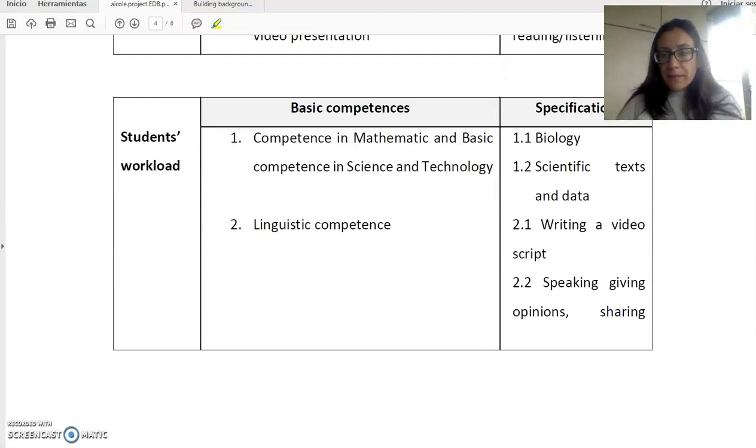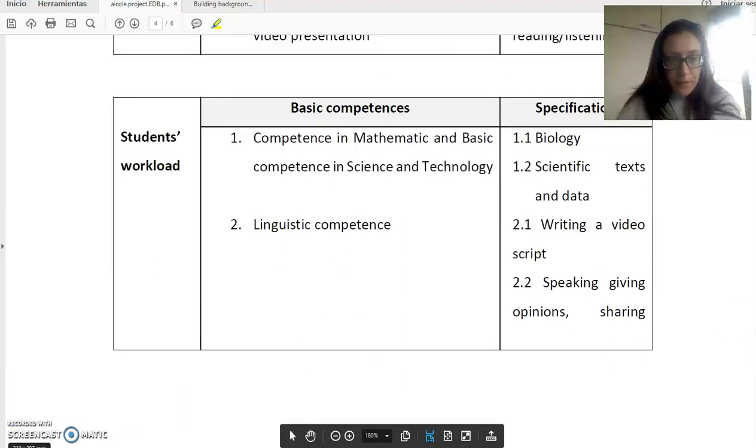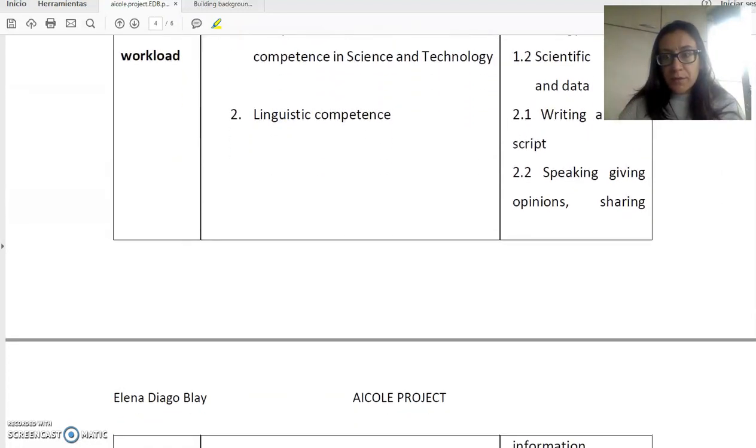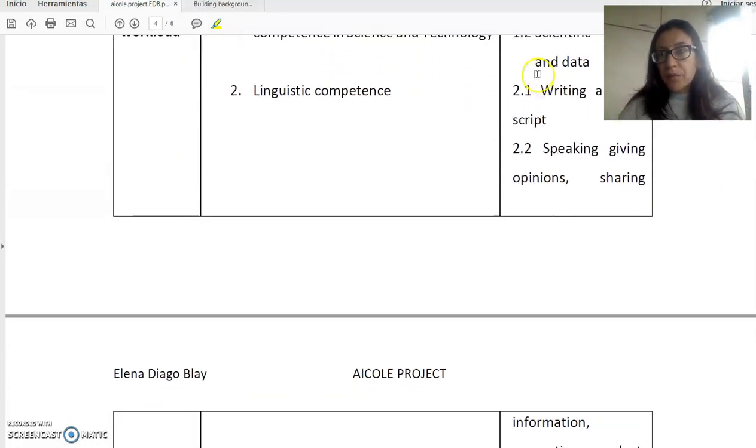About the basic competences, mainly it is competence in mathematics and the basic competence in science and technology, basically because it's biology, and they are going to use some scientific texts and data. Linguistic competence is fully developed during this unit.